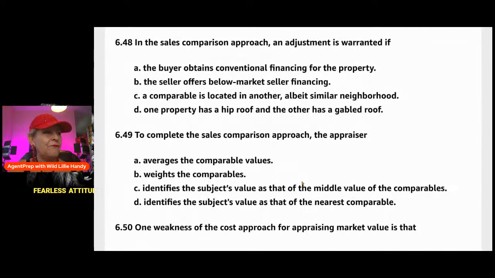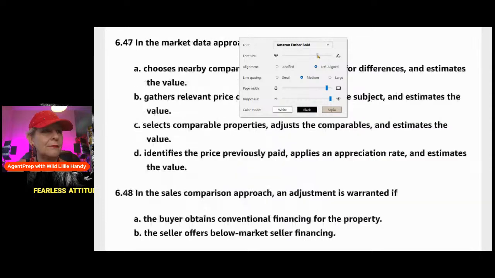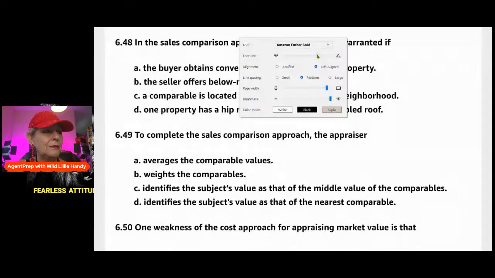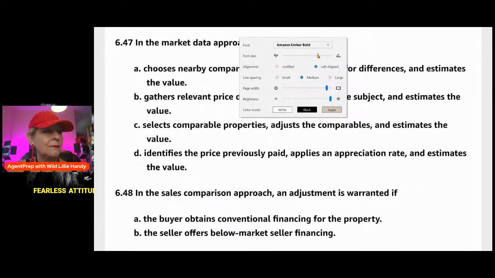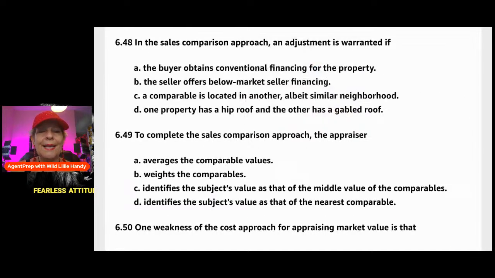All right, number 48. In the sales comparison approach, an adjustment is warranted if the appraiser is making the adjustment, right? Or we as realtors, but we're talking about appraisers.